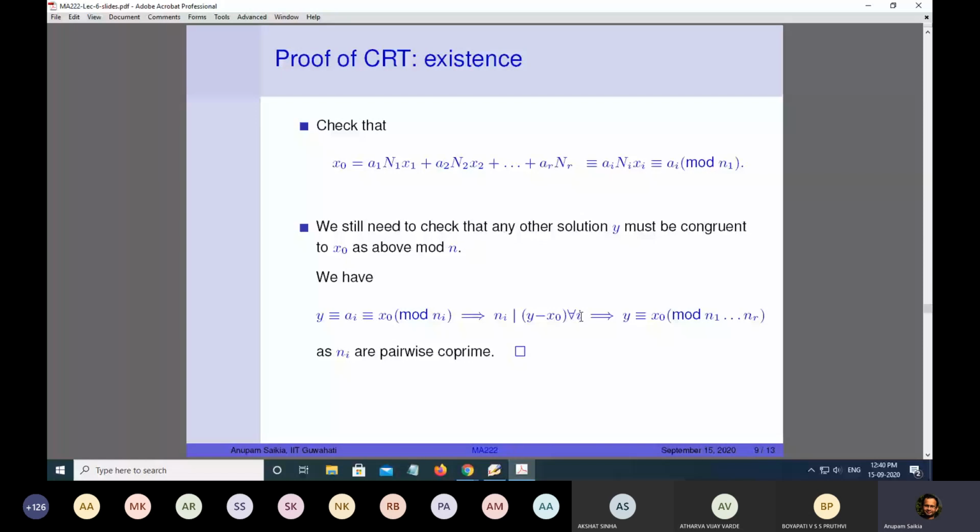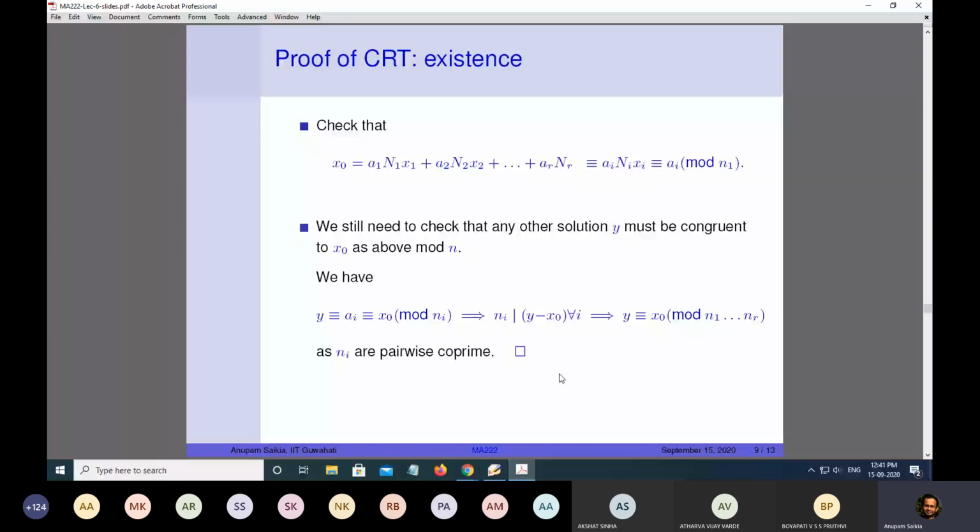I perhaps proved that, but anyway, it will not be hard to prove: if two co-prime integers divide the same number, then their product will also divide the same number. So that's how Chinese remainder theorem is proved.